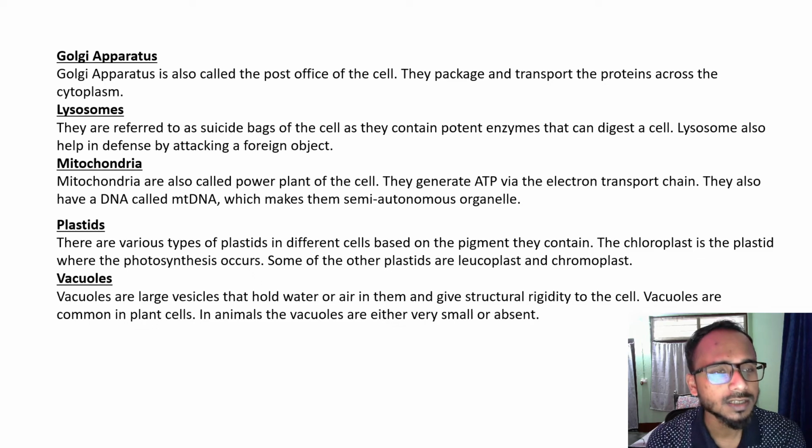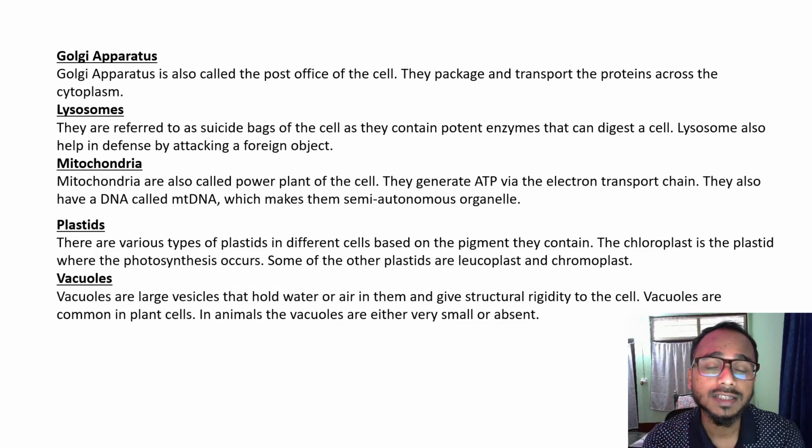These are very theoretical subjects. What we have studied till here is what a cell is, the introduction of the cell. What is the cell wall? Plants contain a cell wall, animals do not. There are two types of cell: prokaryotic and eukaryotic. A prokaryotic cell does not have a nucleus, a eukaryotic cell has a nucleus.